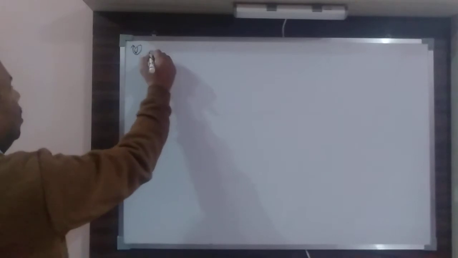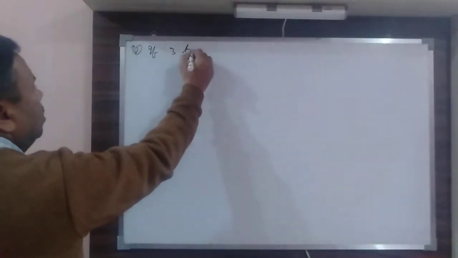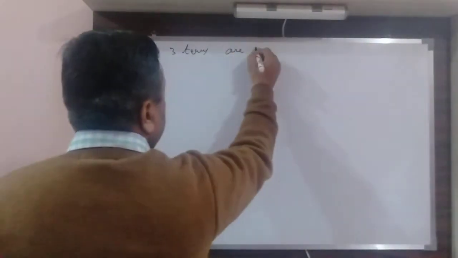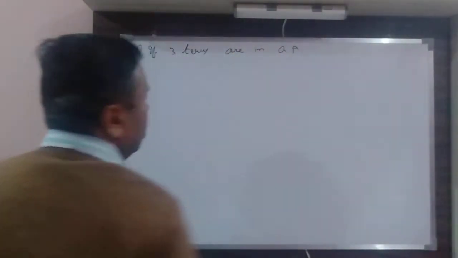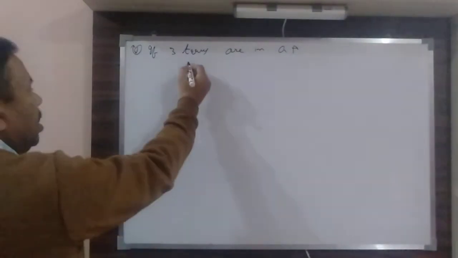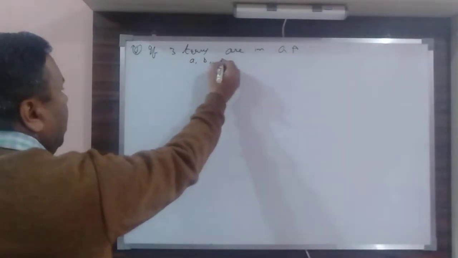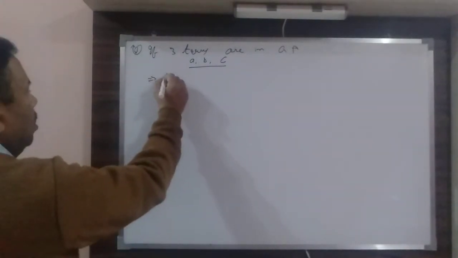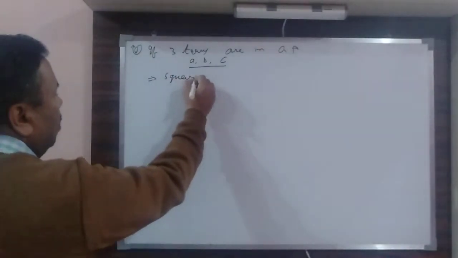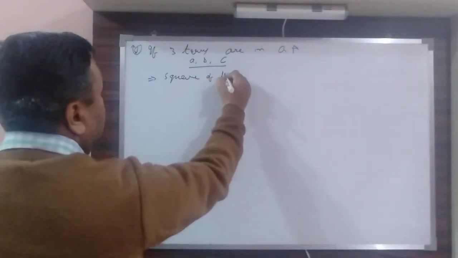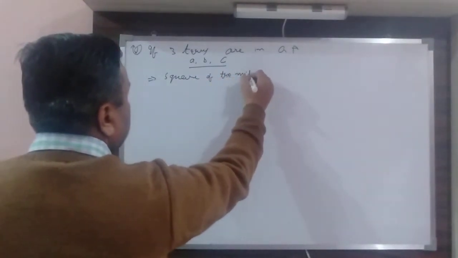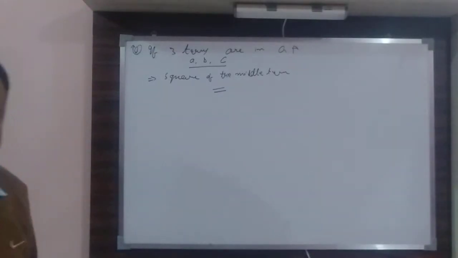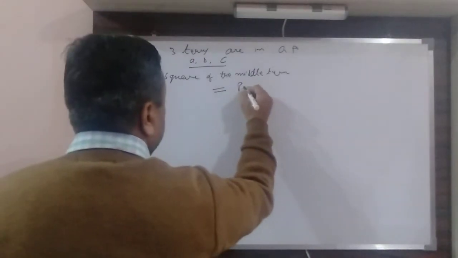If 3 numbers are in GP, suppose that those numbers are A, B and C, then it is said that the square of the middle term will be equal to the product of the other 2 terms.